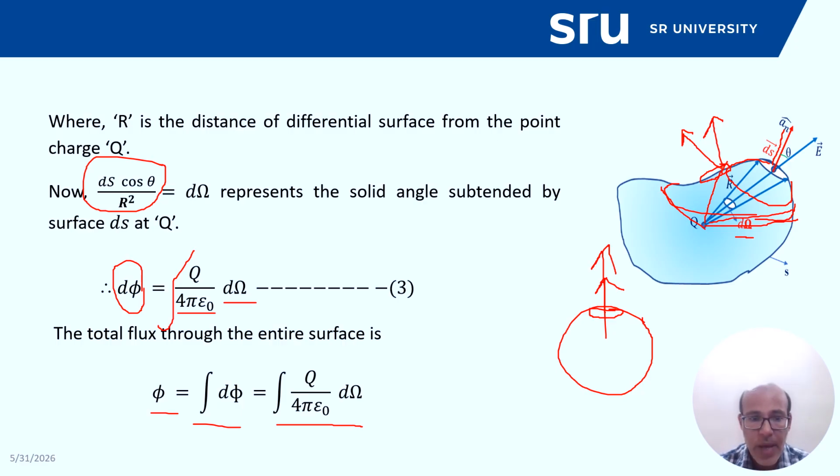You know the value of d omega, and what is d omega? D omega is the solid angle subtended by the surface at q. If the surface increases, if ds continues to increase so that it covers the entire closed surface, then it's called the total solid angle.